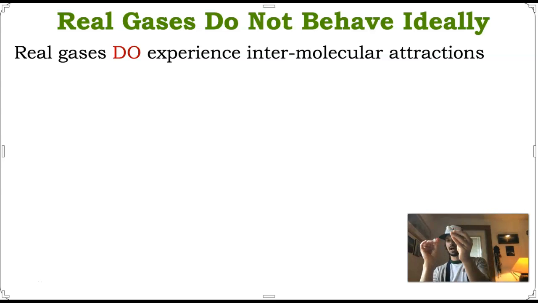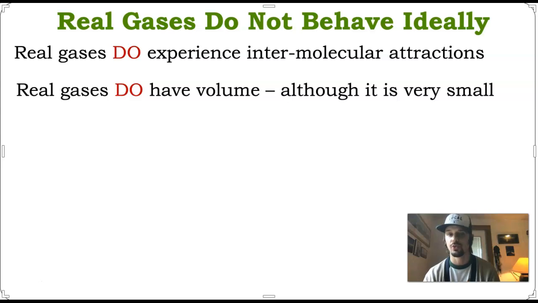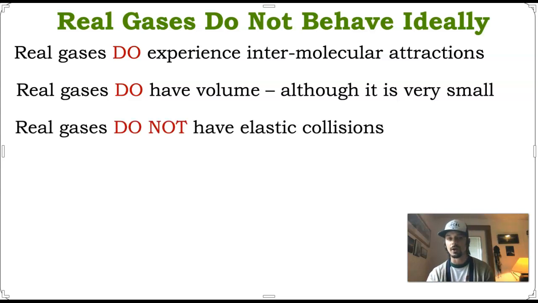Real gases, when they're flying past one another, do want to stop and say hello. Okay, there are these intermolecular, remember, dipole-dipole, hydrogen bonding, London forces between molecules that pull them together. But gases are so far apart, most of the time we can ignore those forces. Real gases do have volume, although it's so small, most of the time we can ignore it.